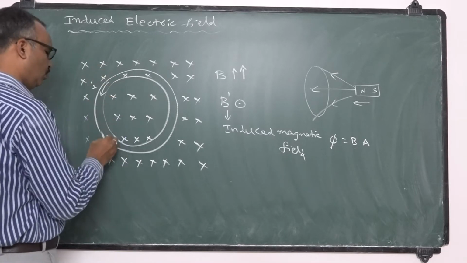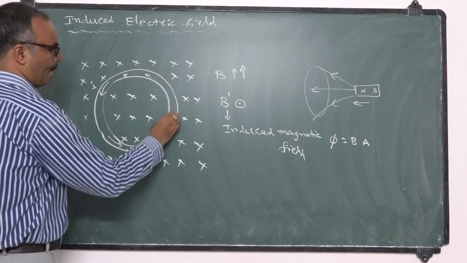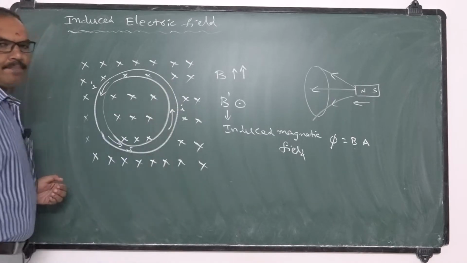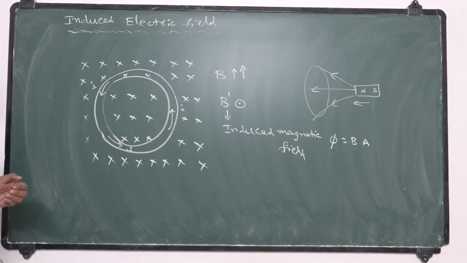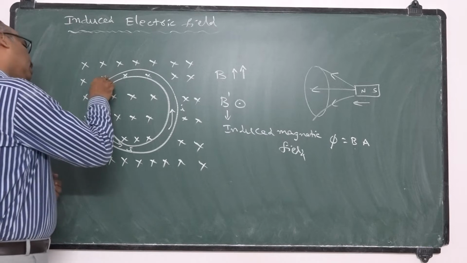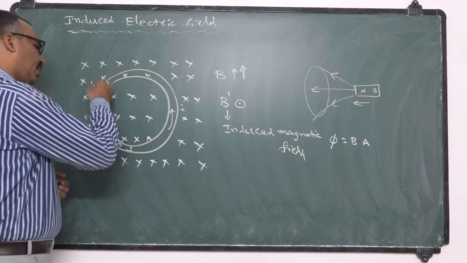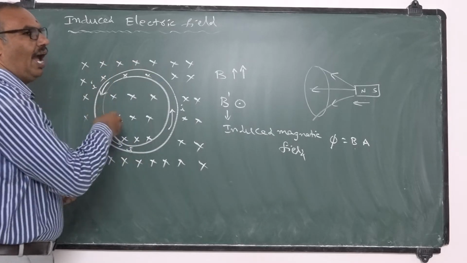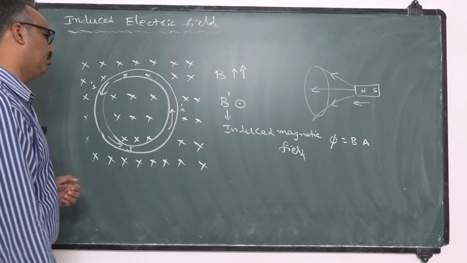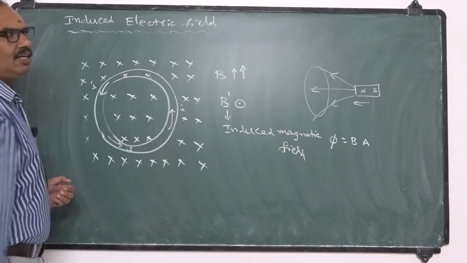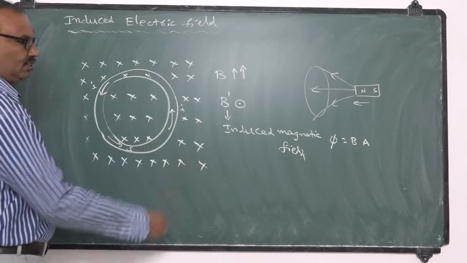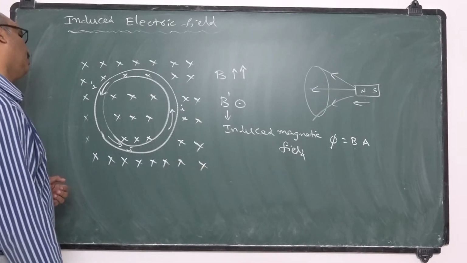The current is moving inside the conductor in the anti-clockwise direction. This is what we discussed in the last discussion according to Lenz's law.